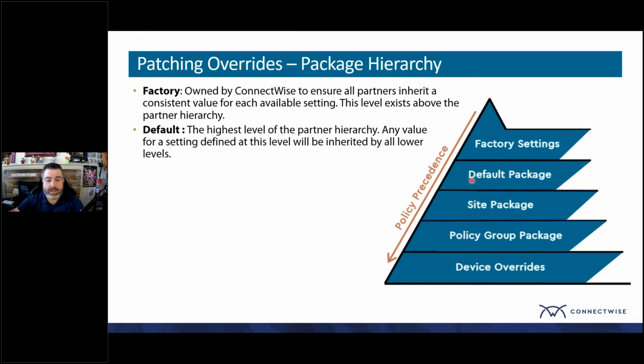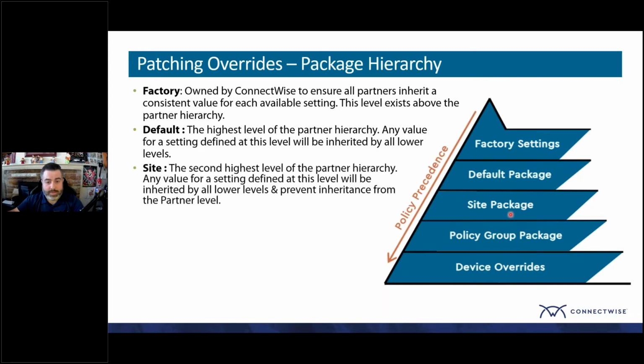That default package is distributed to all the sites, all the endpoints, unless I were to specify a site package. The site package is what's going to override that default package because that's going to have more precedence the further we go down this pyramid here.